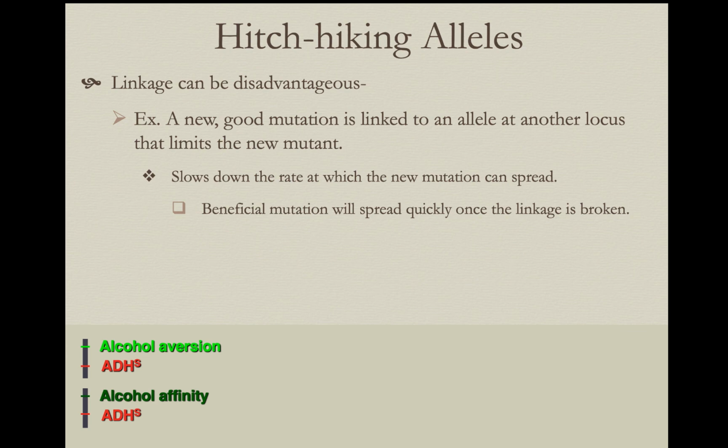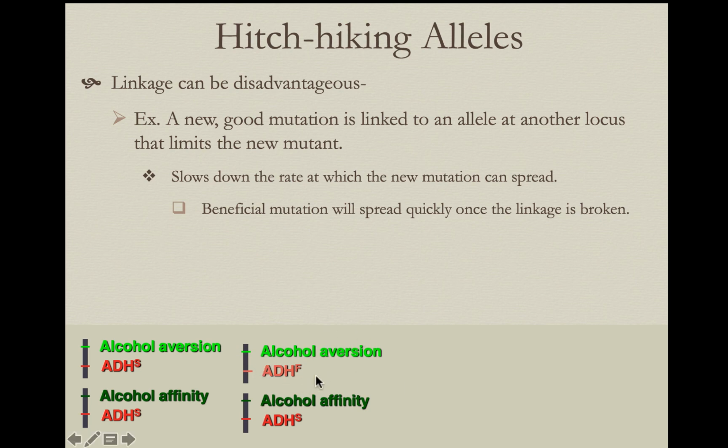All of the individuals are ADH-S. Now, some of these flies in this population have a natural aversion to alcohol, a behavioral response. Others have an affinity to alcohol. Let's then say that in this population, we do see the evolution of a mutant. We see the evolution of the ADH-F allele.